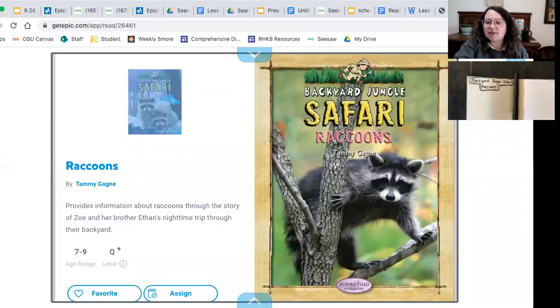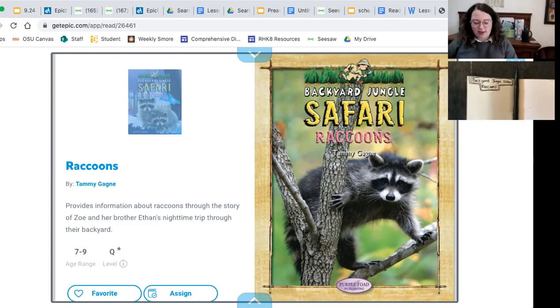Let's get all nice and set up here. Perfect. So we are reading Raccoons, and it is by Tammy Gange. And before we start, something that I think is really important whenever we read an expository nonfiction book, I like to ask myself a question before I start reading.